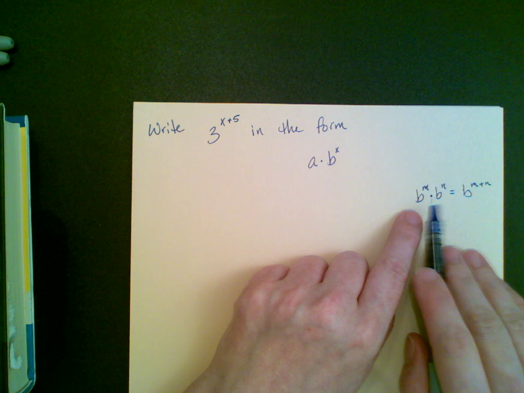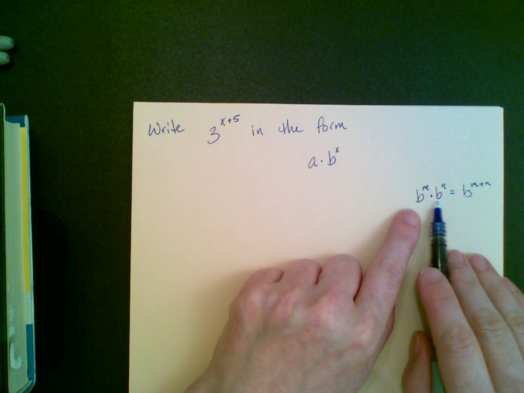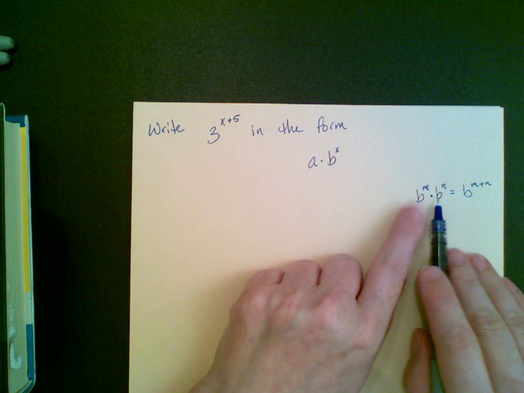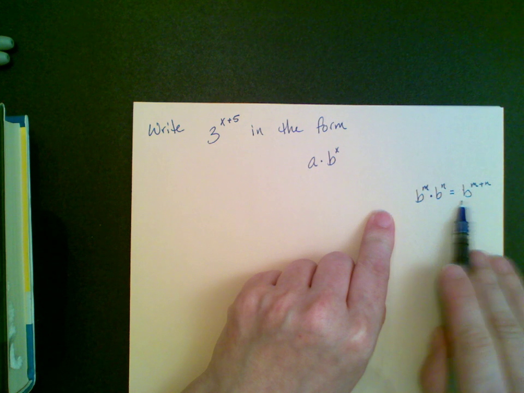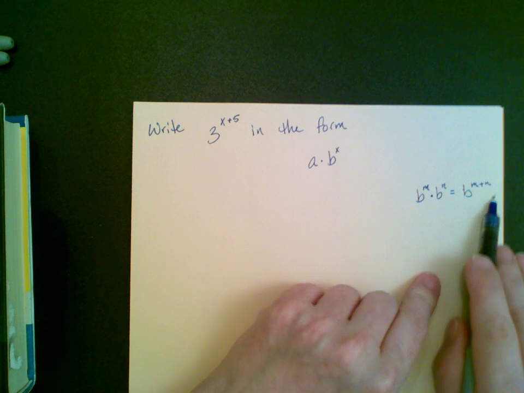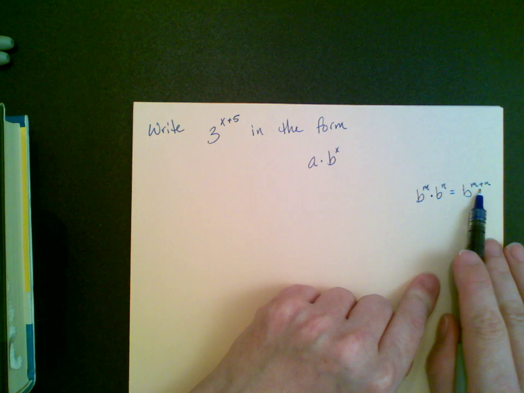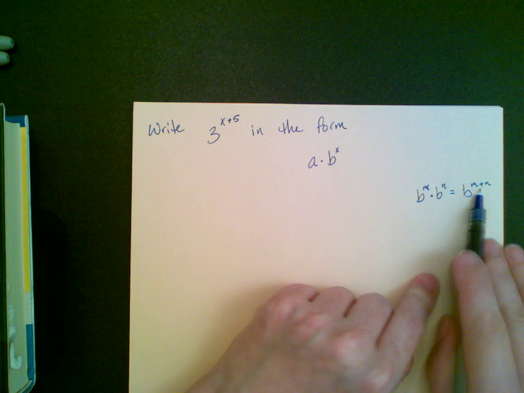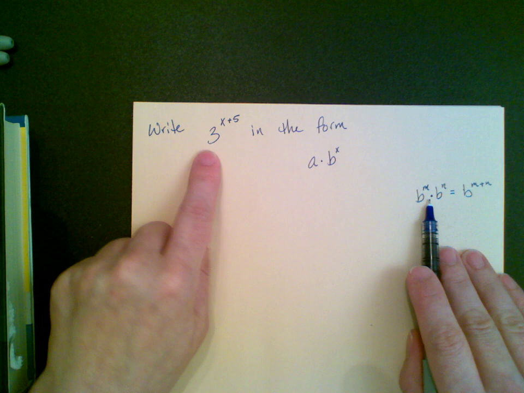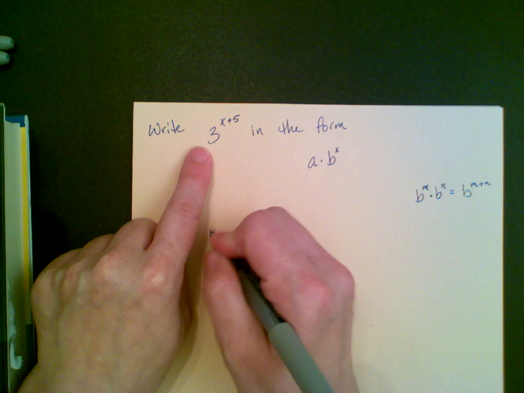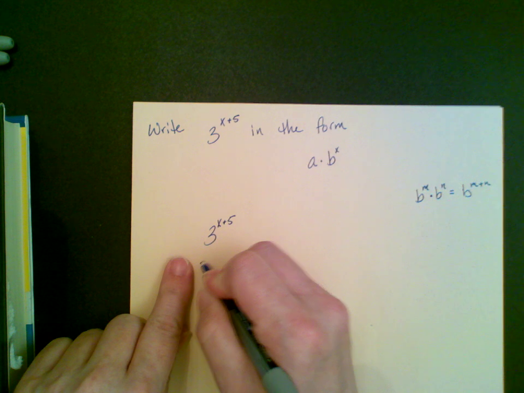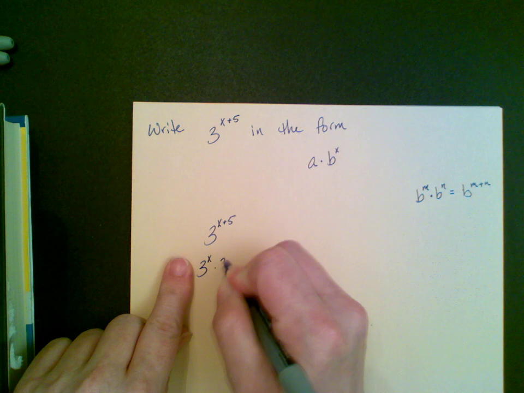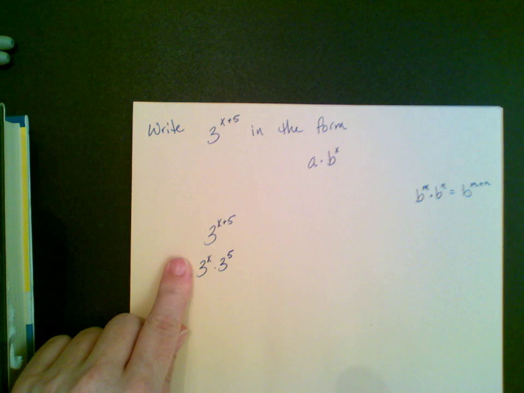The way you have probably mostly used that rule is starting with something that looks like this side and simplifying it to something that looks like this side. But I can also start with addition in the exponent and break it apart into multiplication. So 3 to the x plus 5 is equal to 3 to the x times 3 to the 5.